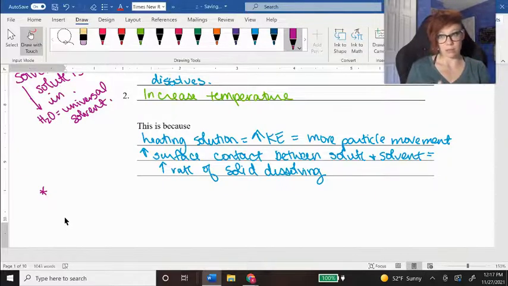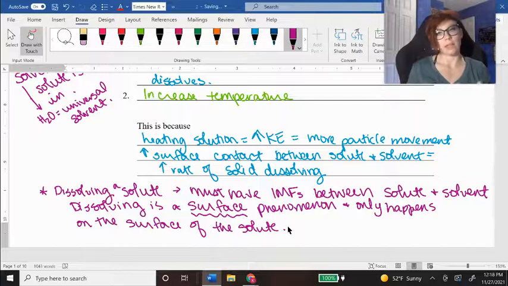Dissolution, dissolving, only occurs on the surface of the solute. So if the solute cannot get to that surface, then you're not going to dissolve your solid. If there's no intermolecular force between your solute and solvent, then again, you are not going to dissolve the solute into the solution.